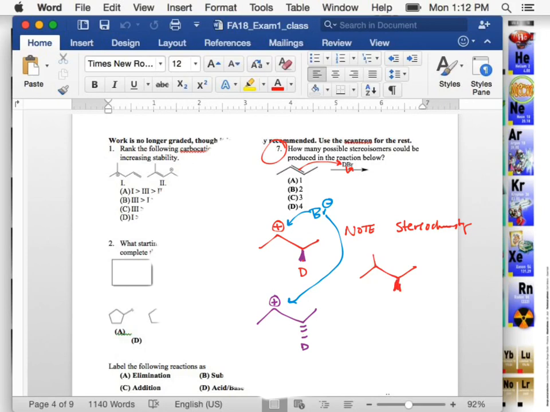So I could have had the bromide attack from the top, or I could have had the bromide attack where else could the bromide attack?